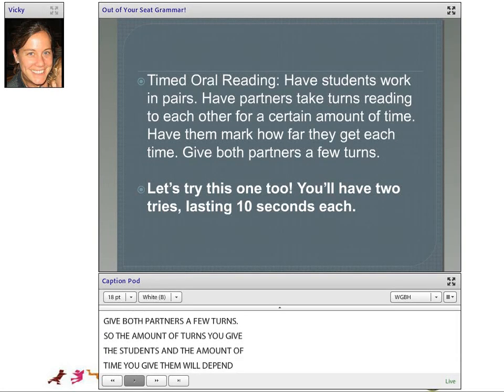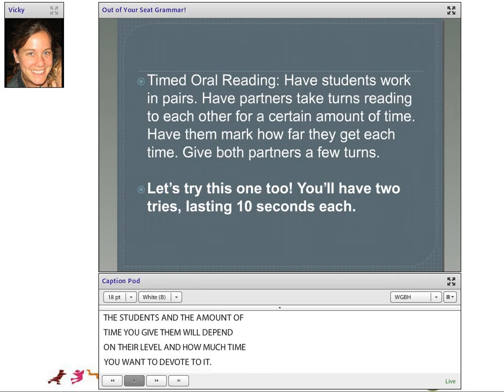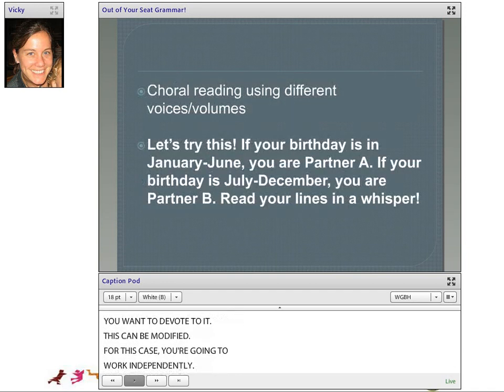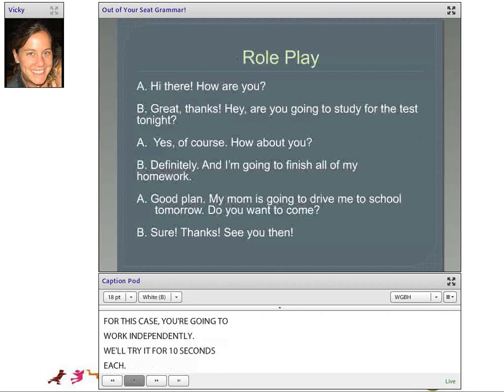For us in this case, you're going to work independently, and we'll try it for 10 seconds each. We'll do it 2 times. So we'll go back to the role play. And when I say go, you'll start from the very beginning, and I'm going to time you for 10 seconds. And you're trying to see how far you can go.